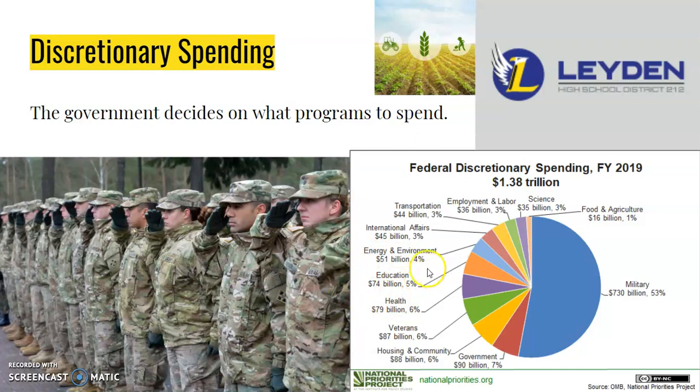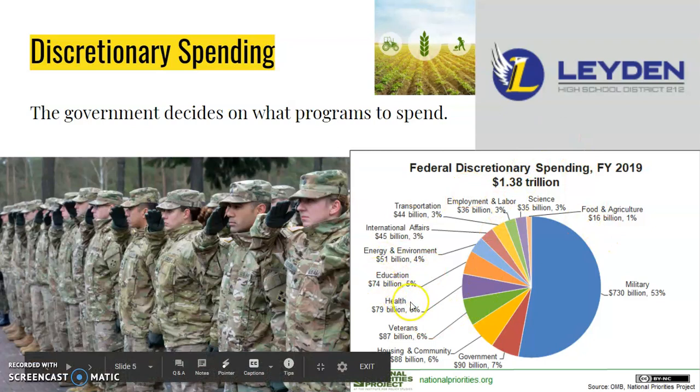So the government spends about 5% of its discretionary spending on education, right? So there's a lot of these different things, right? The military is where most of our money goes to in discretionary spending, right? About 5% goes to education, right?